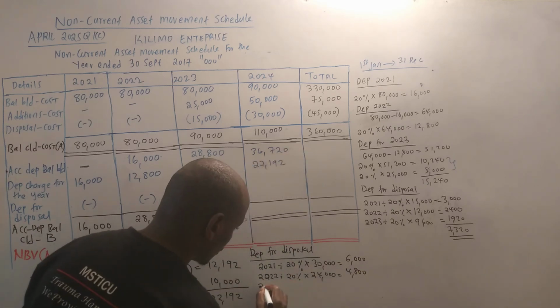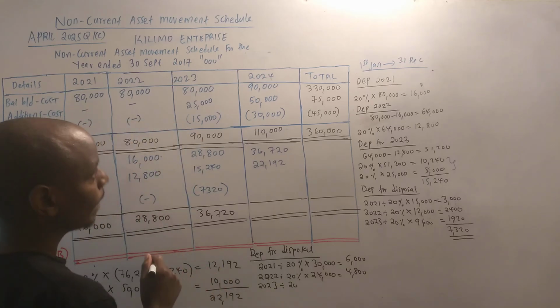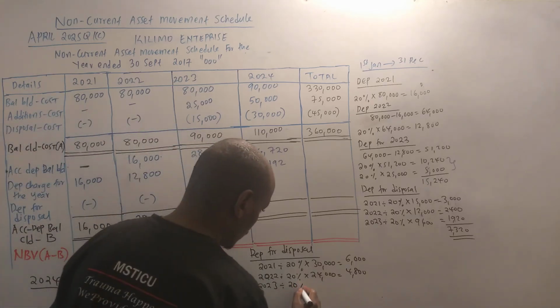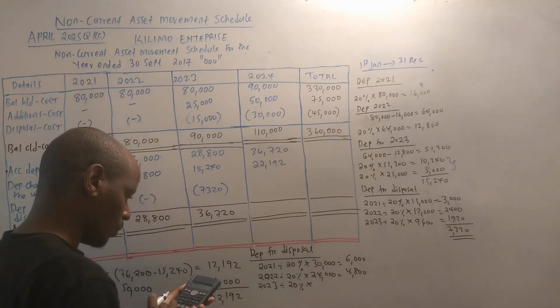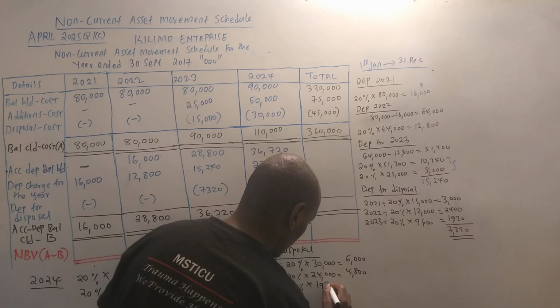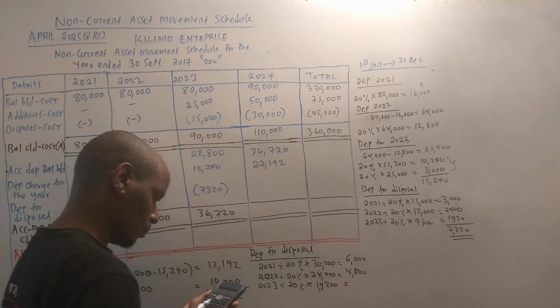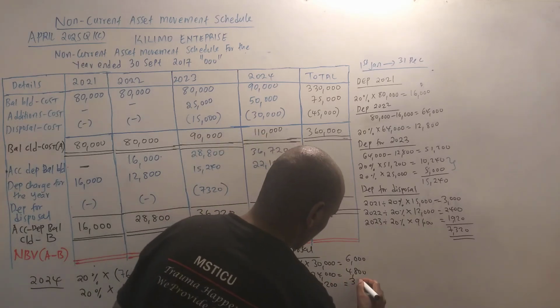Then for 2023, 24,000 minus 4,800 is 19,200. So 0.2 times that is 3,840.